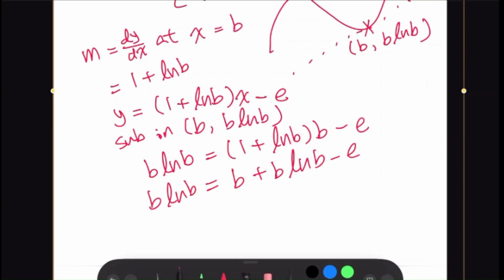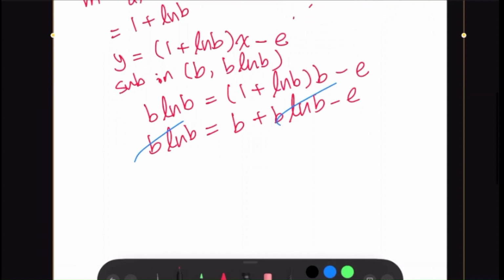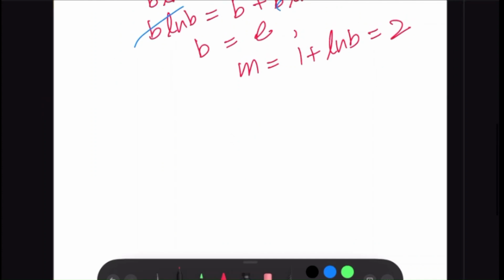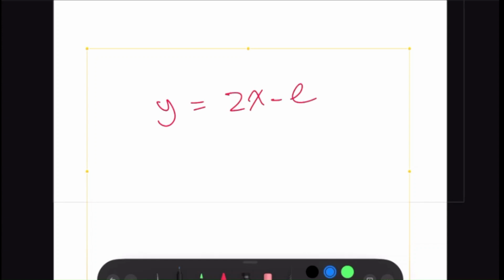We cancel the b ln b, and we're left with b equals e. Therefore m equals 1 plus ln b equals 2. And then we're left with the final answer, y equals 2x minus e.